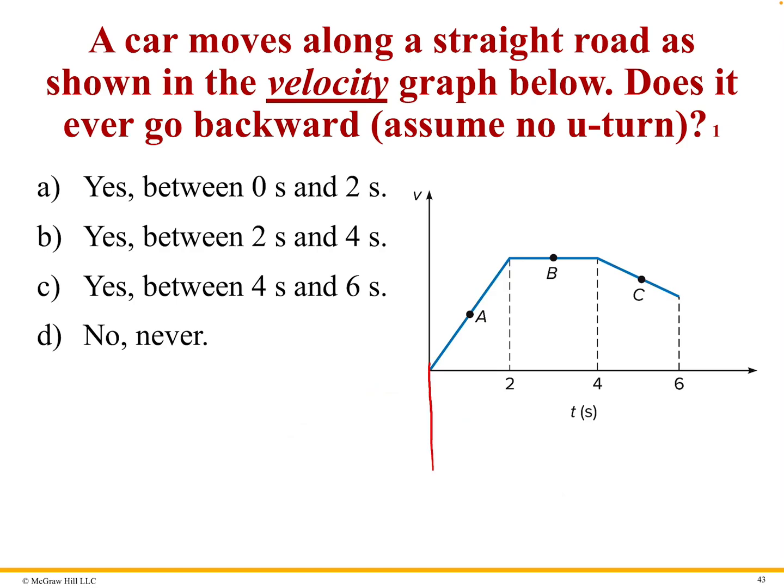As far as velocity is concerned, does anything go below the 0 point here? Like this is your X and your Y. If we were to do a whole four-coordinate system, is there anything in this below part? No. So that means that it never has a negative velocity.